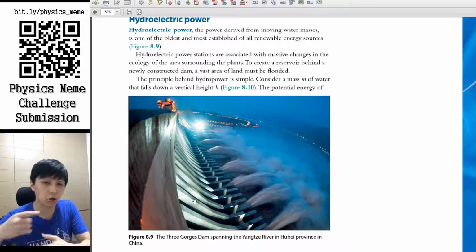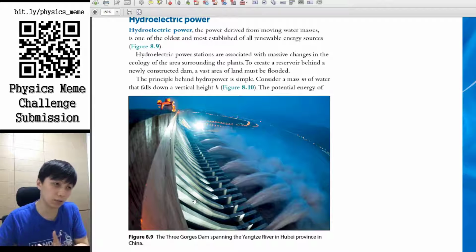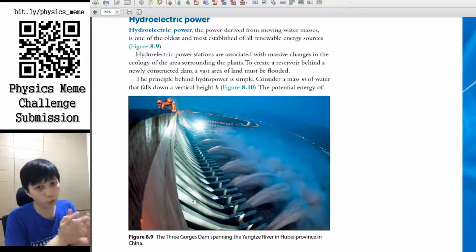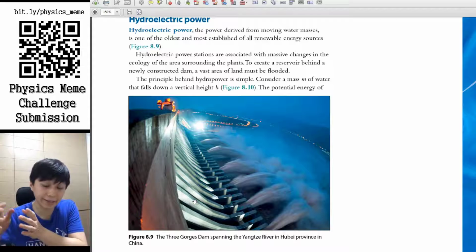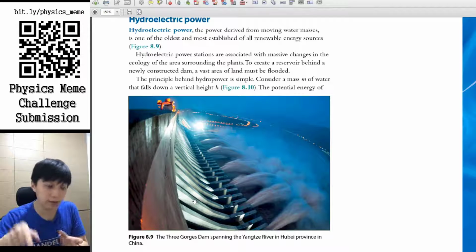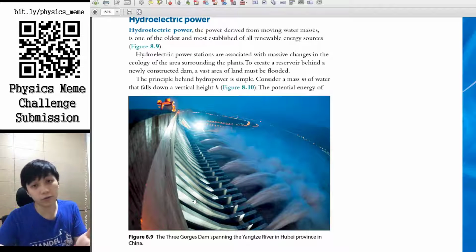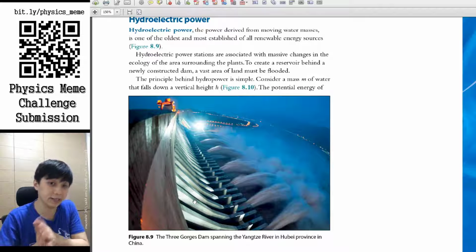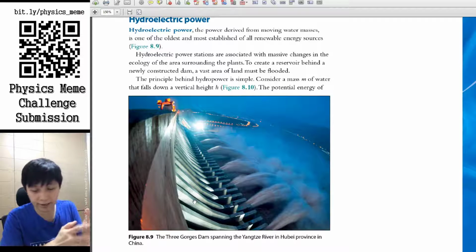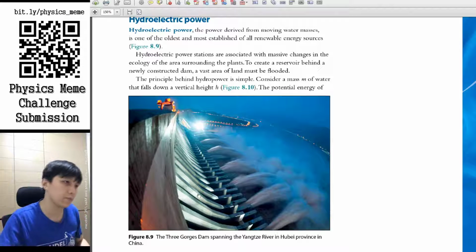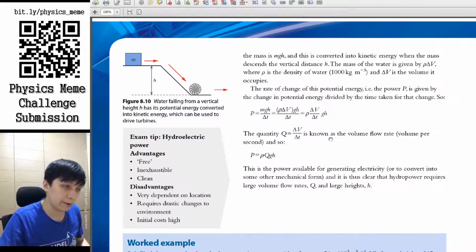And there's a turbine that gets driven by those flowing waters. So that kinetic energy of the water transfers into the kinetic energy of the turbine blade. And since you have learned about the generator already, at least at IGCSE level, you can then transform that kinetic energy into electrical energy. So very simple idea here.